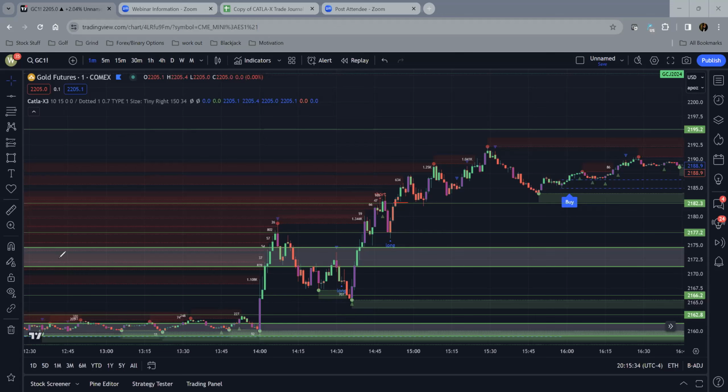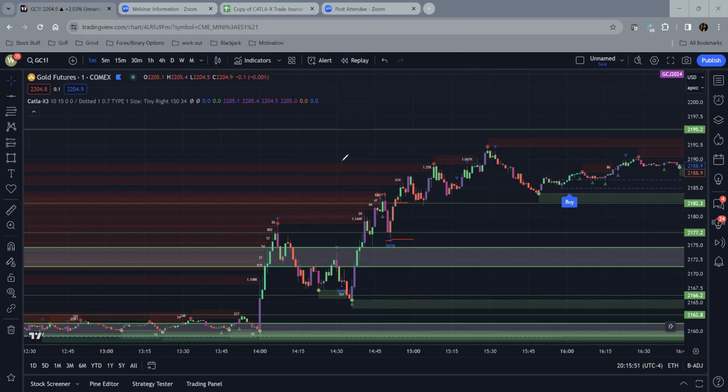Good, good, Kiera. The true stop loss would be below the last area of manipulation. This is the true stop loss.